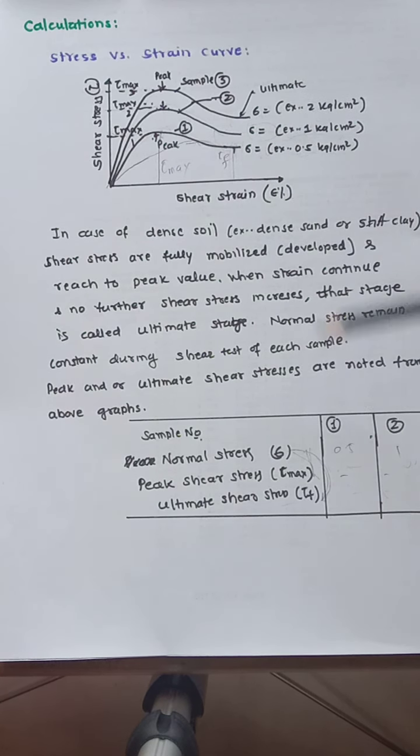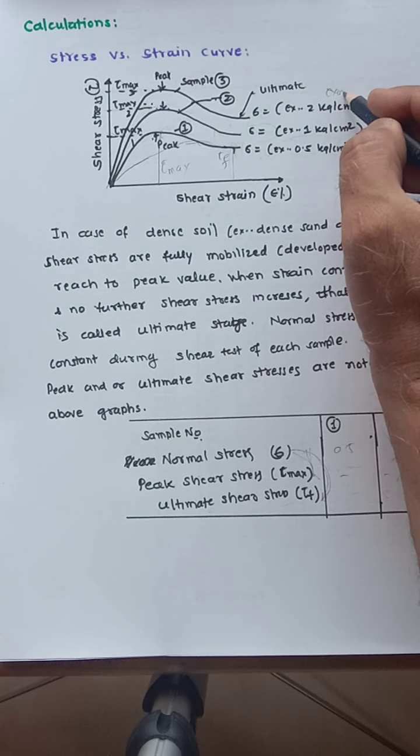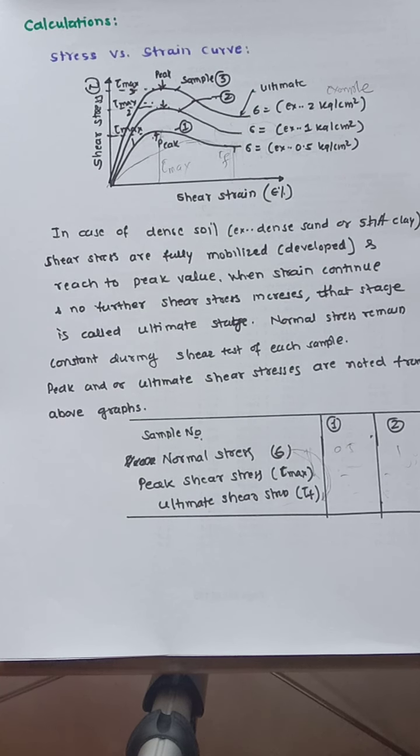What are these normal stresses? For example, let us say the normal stress is 0.5, 1, 2. This is an example, you can have any selected value. How we select it is that it should also represent the in situ or site condition. Suppose an undisturbed sample was extracted at 2 meters, and the density is 18 kilonewton per meter cube.